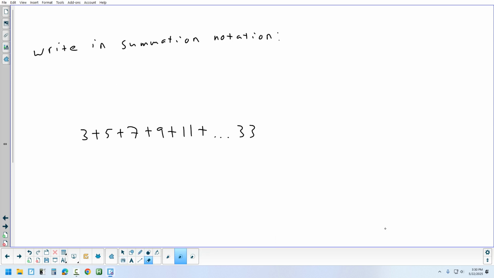Okay. So next thing we want to look at is writing a finite sum in sigma notation. So when we write something in sigma, we need to know where we're going to start and where we're going to stop, and we need a formula. You're not going to be able to figure out your starting and stopping point until you know your formula.